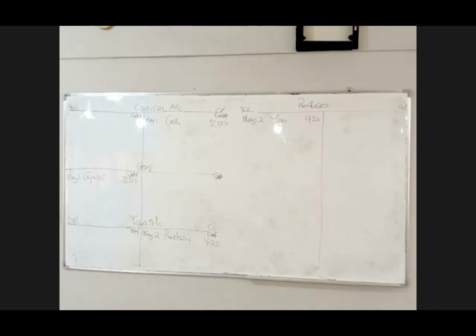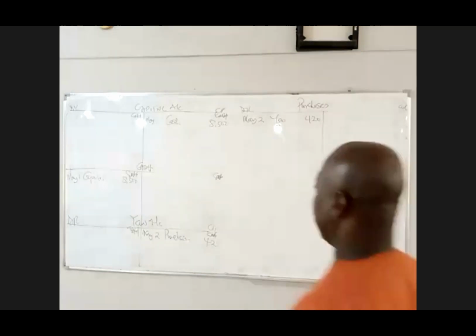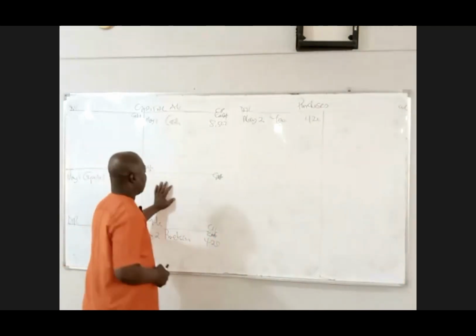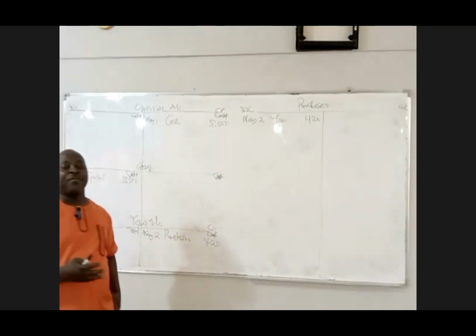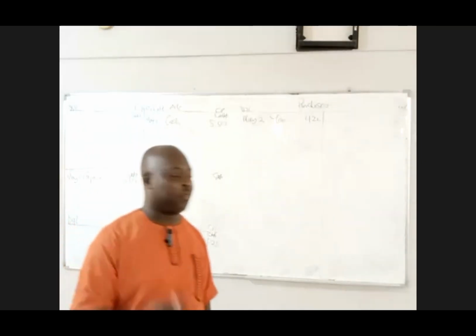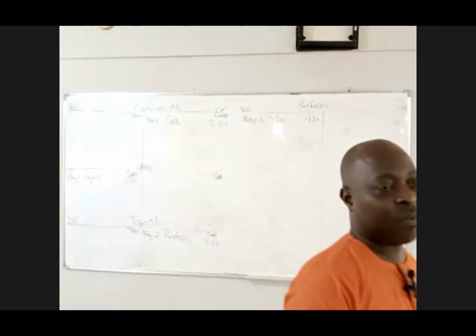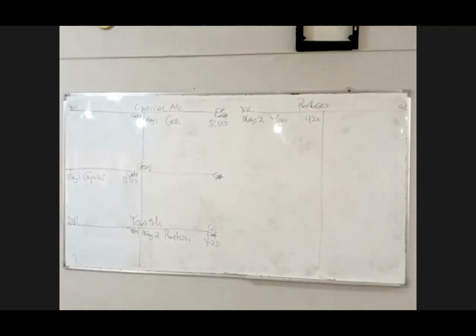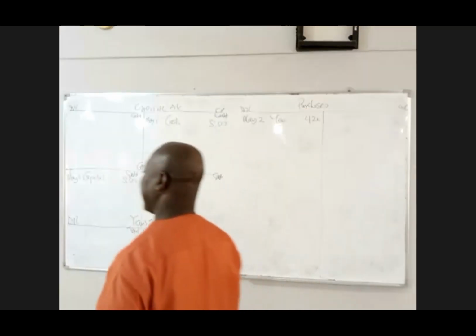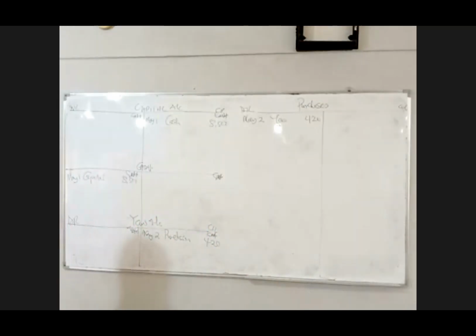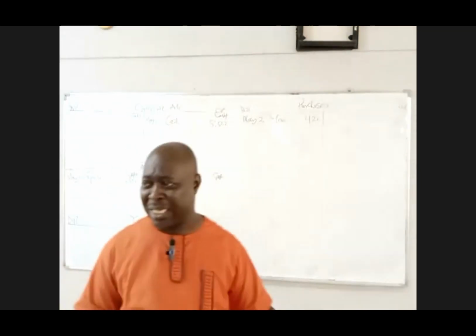So rent and cash. Already we have our cash here. So who is giving to who? Or who is receiving from who? So we credit which account? We credit cash account and debit what?